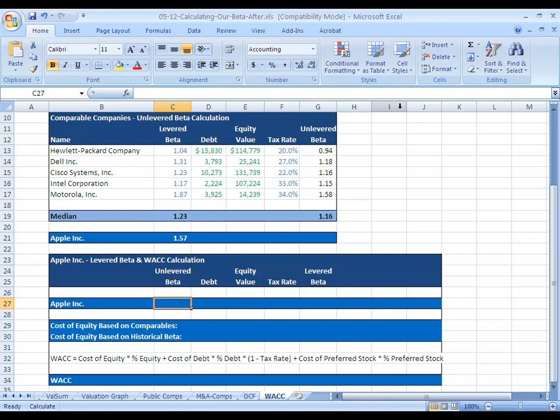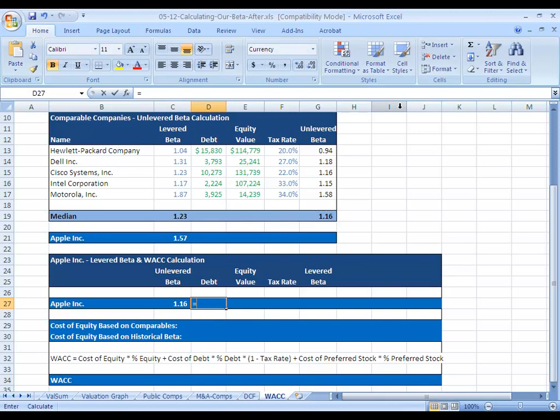So to get to this number, if you remember from before, we went through the derivation for levered beta and unlevered beta, and we're going to follow a very similar procedure to get to levered beta here. For unlevered beta, I'm going to link directly to the public company comparables, the median unlevered beta from right there.